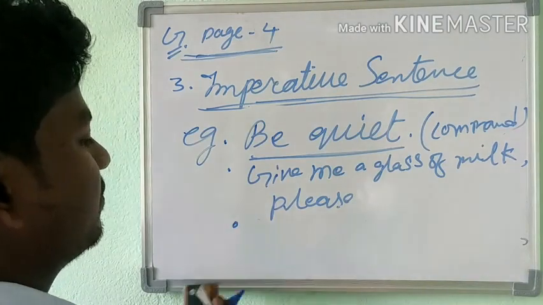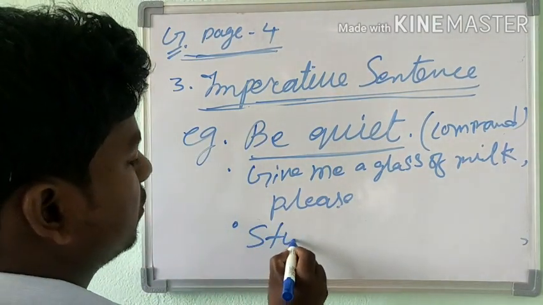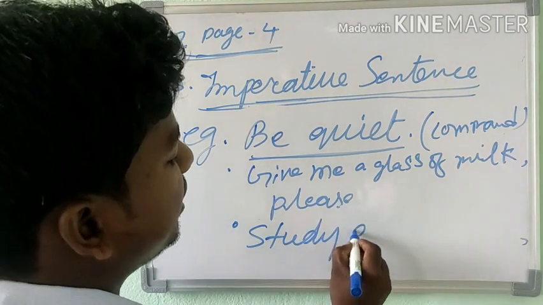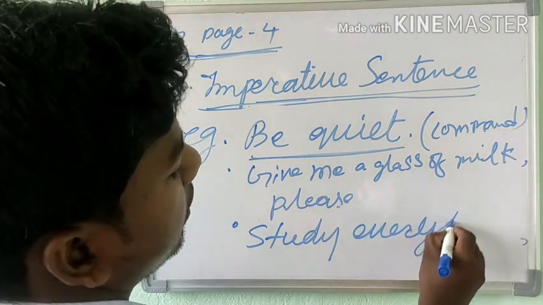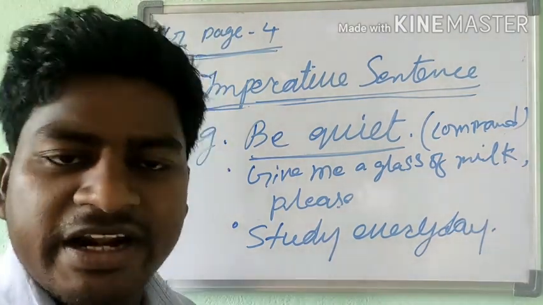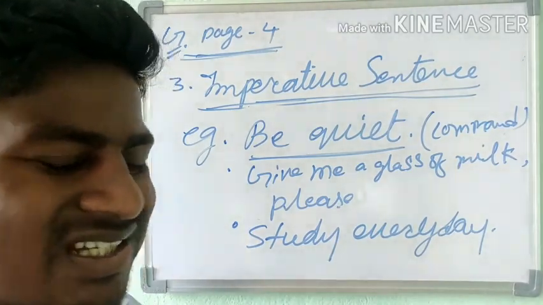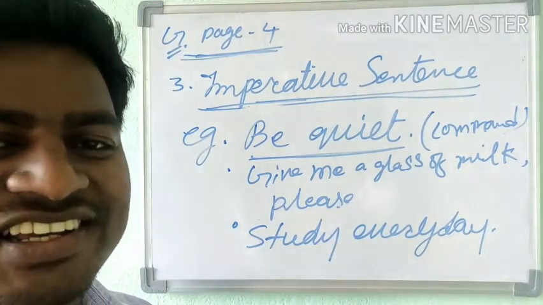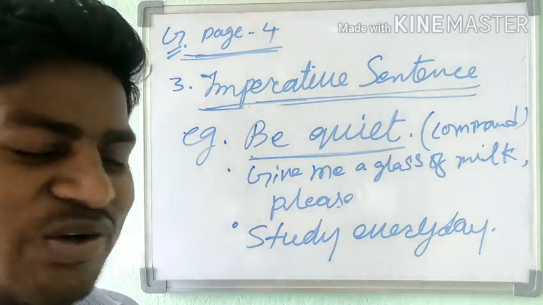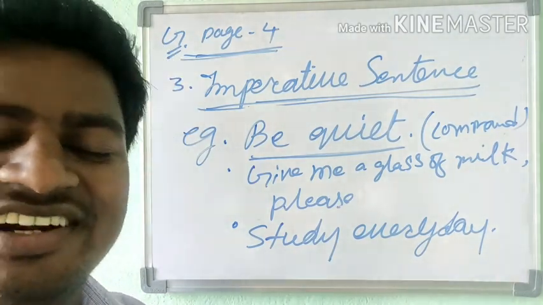Again, we have the advice we give: study every day. Your parents also will say sometimes to you, study, my dear child, study. And your teacher also will say, please study.